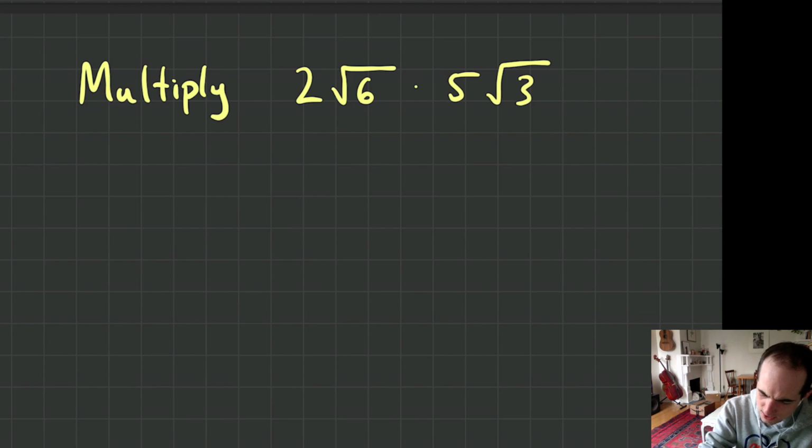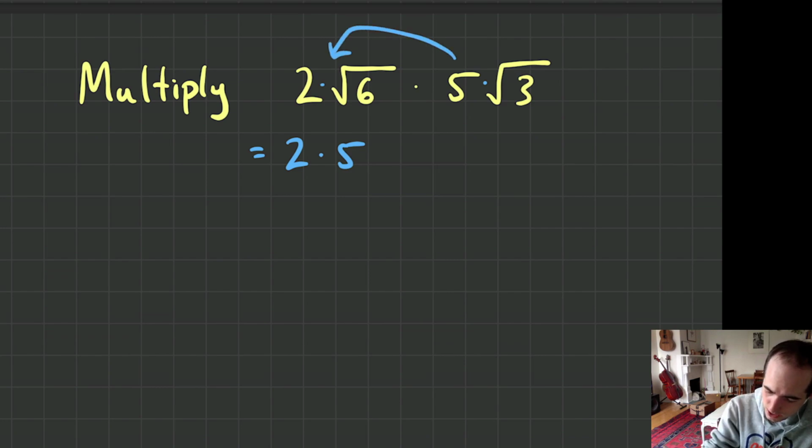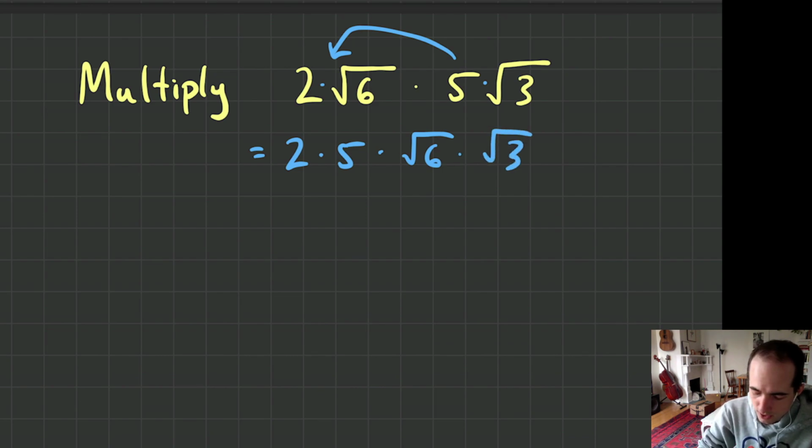So one thing to keep in mind is that 2 root 6 means 2 times root 6, and 5 root 3 means 5 times root 3. So what this really means is 2 times 5, I'm really just sort of rearranging the terms. It means 2 times 5 times root 6 times root 3. So you can just rearrange these terms in whatever way you like.